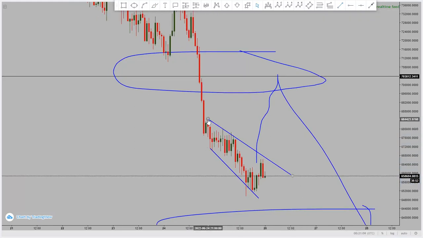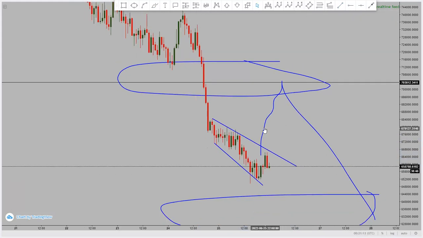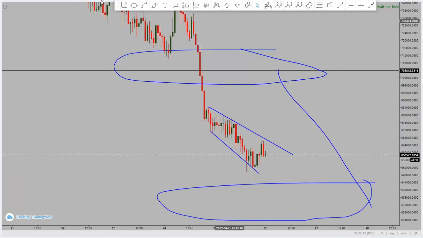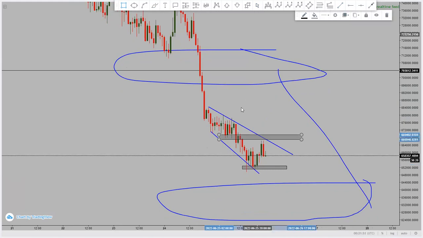So this is also another channel that we are currently having on the 1 hour that one can use to enter short-term buys if ever they present themselves. That would be your support and your resistance somehow, let's put it like this.